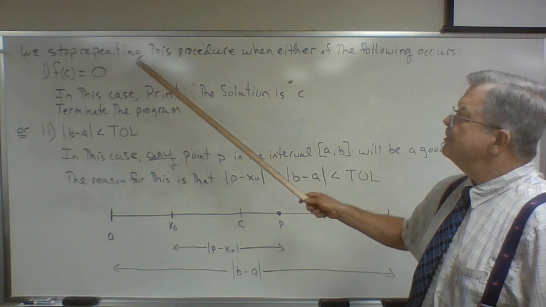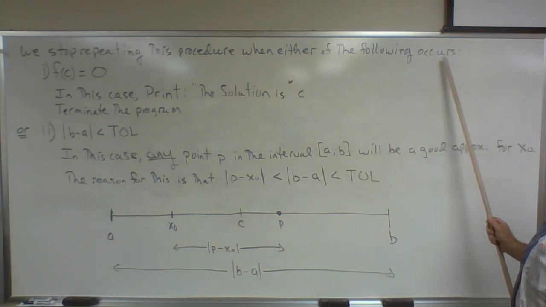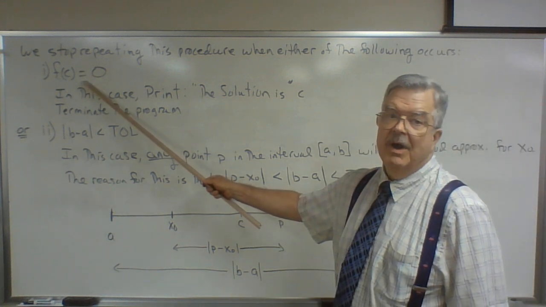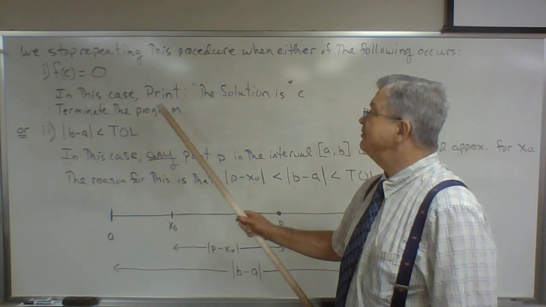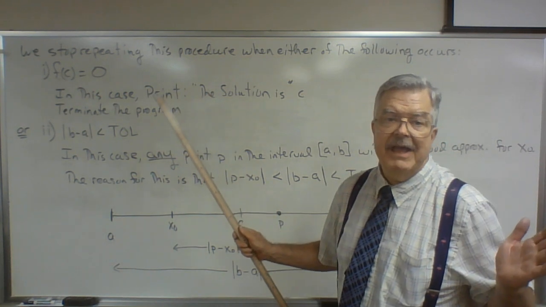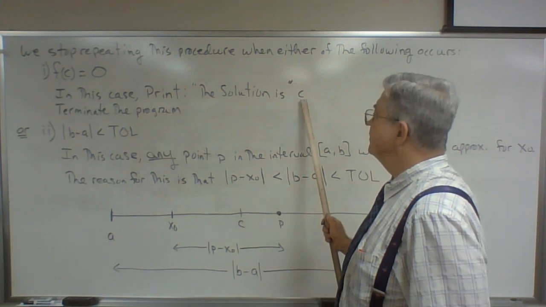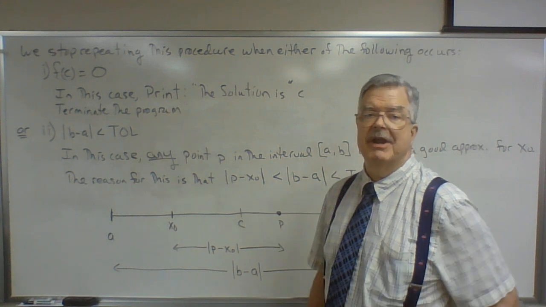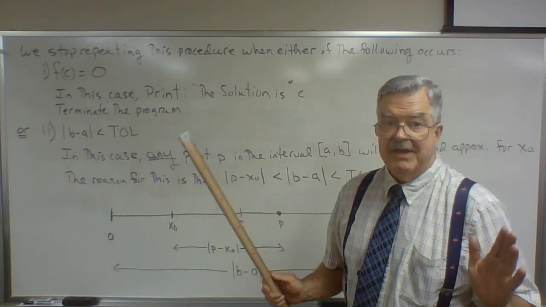We stop repeating our procedure when either of the following occurs. 1, f of c equals 0. Well, if this happens, we have the exact solution. And we print the solution is, and we print the value of c, and we terminate the program. We hit the jackpot. We got the exact solution.